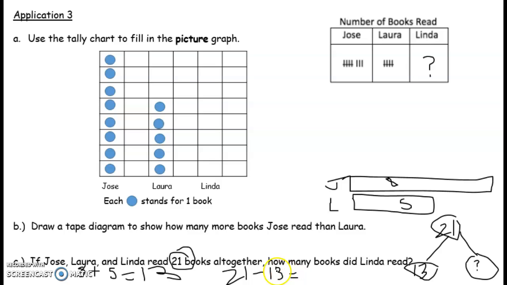Or you could do 13 plus something equals 21. It's all the same. Or you can count up on a number line. So 13 plus something equals our total 21. Okay? So the majority of us will actually do 21 minus 13.